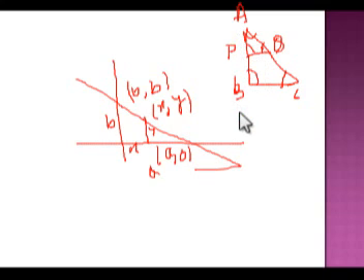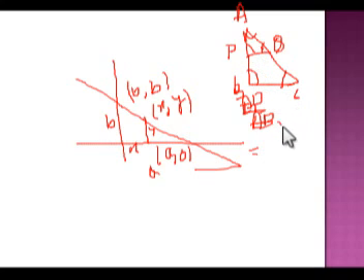So AP by AB is equal to PQ by BC, because AP is the opposite side of angle Q and AB is the opposite side of angle C. The opposite side of angle A for triangle APQ is PQ, and for triangle ABC it is BC.